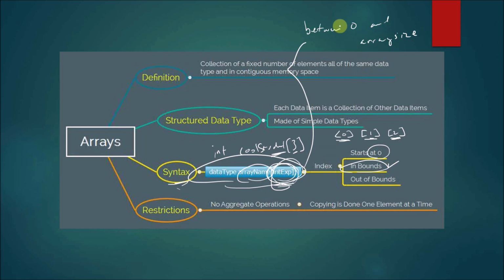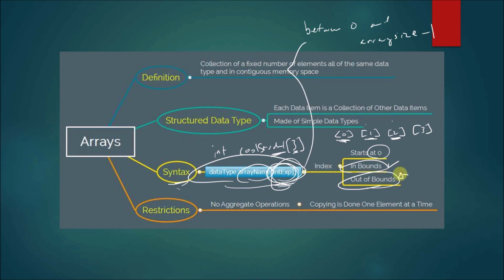It's considered in bounds if the index is between 0 and the array size minus 1. Because remember, if you declare the array size of 3 here, your indexes are actually just 0, 1, and 2. There is no index 3. If that's the case, you'll be what's known as out of bounds. These are your 3 values here for an array size 3.